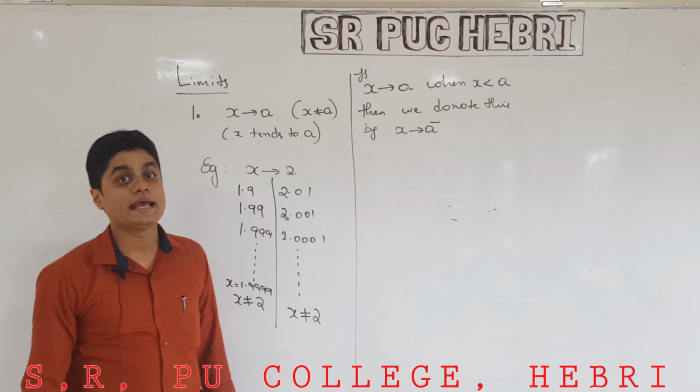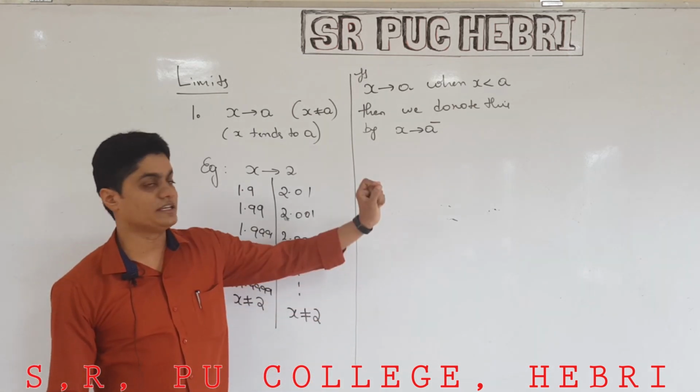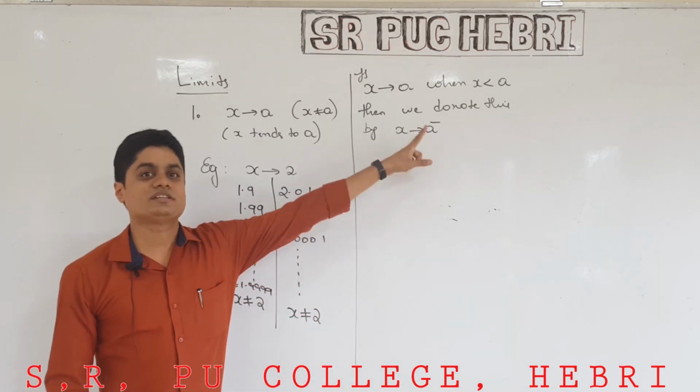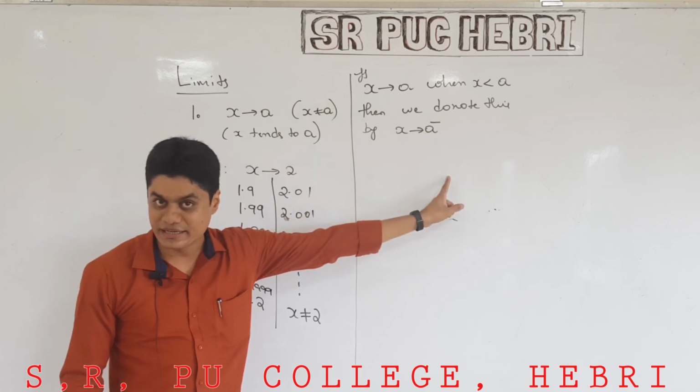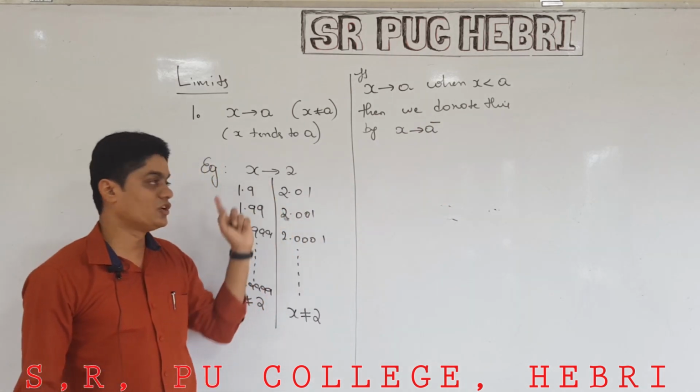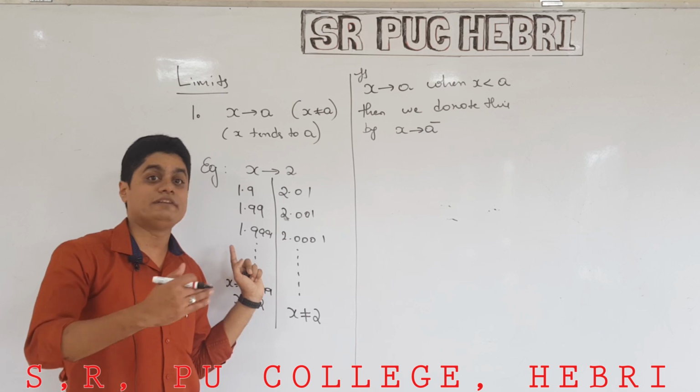If you see x tends to a minus anywhere, its meaning is that x takes values closer and closer to a from the left hand side.